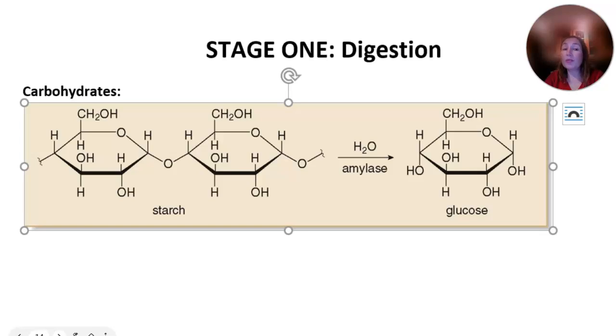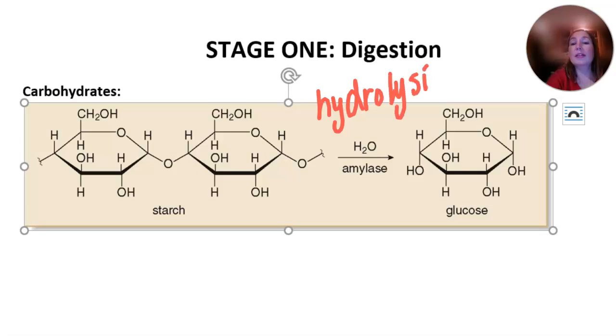Okay, so we're going to look at each stage for the three different food types, starting with carbohydrates. So again, we're going to look at stage one for each food type. We'll start with carbohydrates, and we're going to be doing hydrolysis. So this is really a review of hydrolysis of our carbohydrates. So here we've got a starch. We've got our glycosidic linkage here, right?